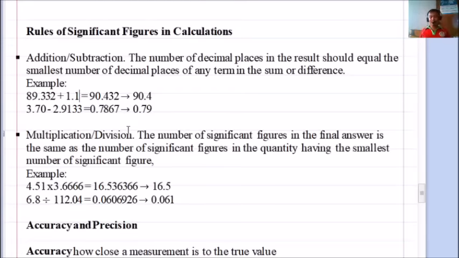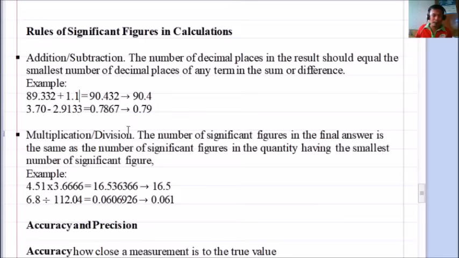Now, when it comes to multiplication or division, wala namang kaso dito as long na the number of significant figures is the same as the number of significant figures in the quantity having the smallest number of significant figures. Magde-depends naman po tayo sa magiging operation.